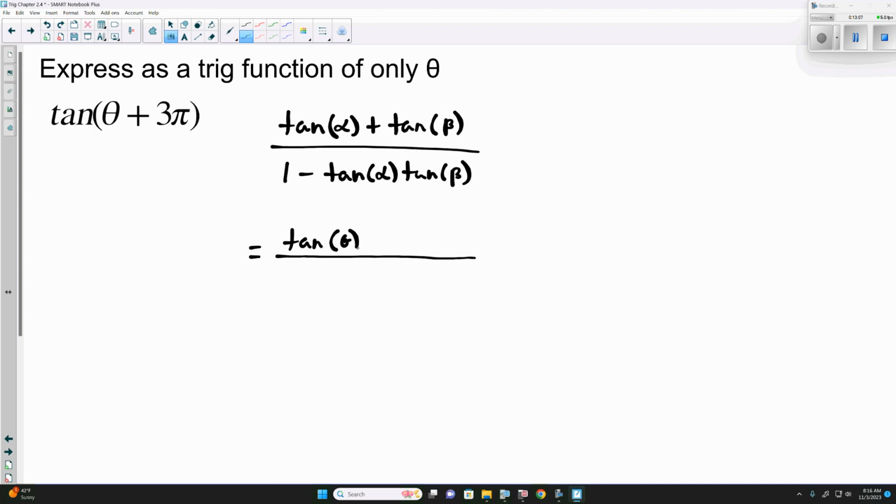So if we plug in our values, alpha is going to be theta. Beta is going to be 3 pi.